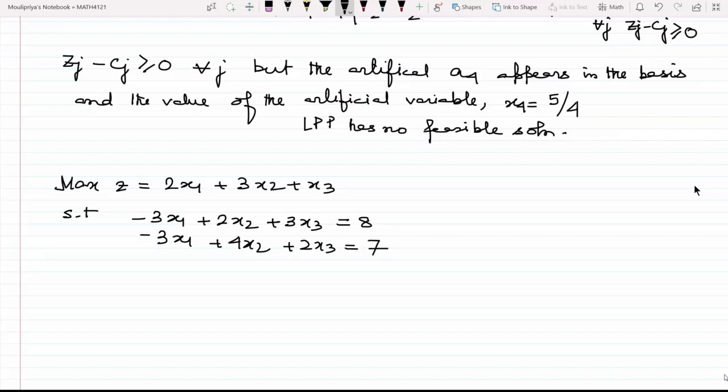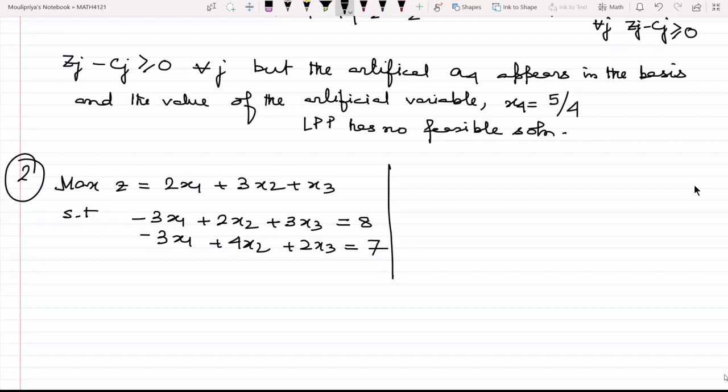Tell me first, how do we recast the given linear programming problem?